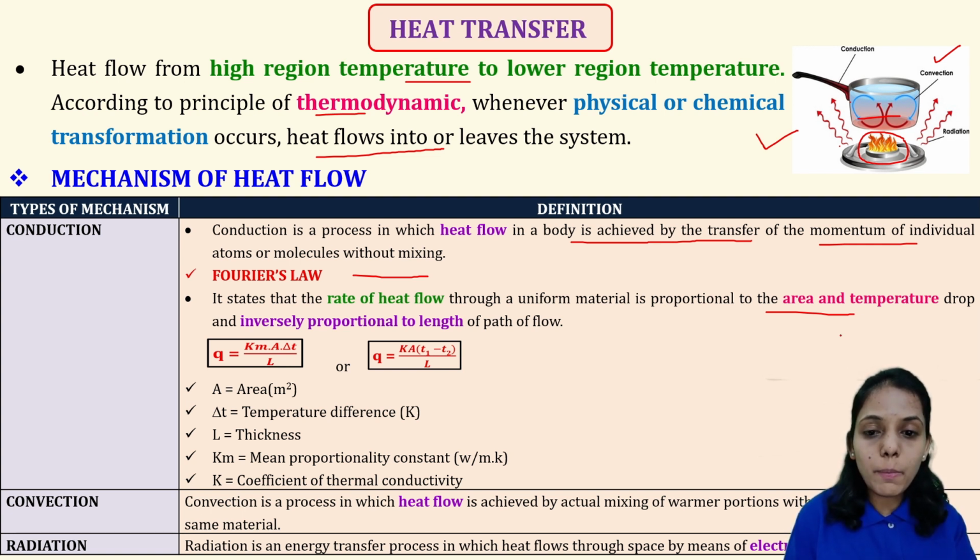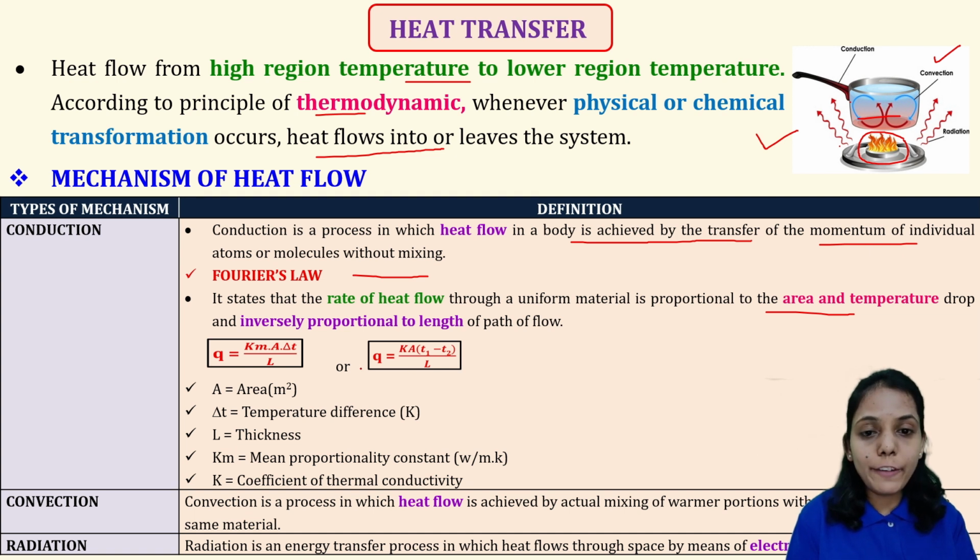So the heat flow is directly proportional to the temperature difference and the area, and it is inversely proportional to the thickness. The higher the thickness, the more time it will take for the flow of the heat. So this is given by Fourier's law. It states that the rate of heat flow through a uniform material is proportional to the area and the temperature drop. Temperature drop means temperature difference, and it is inversely proportional to the length of the path of flow.